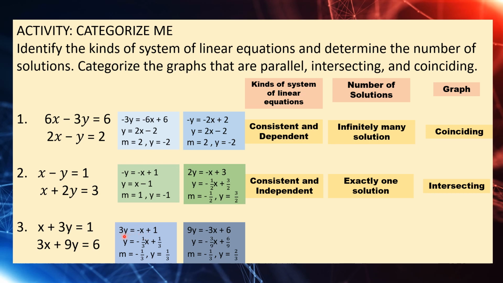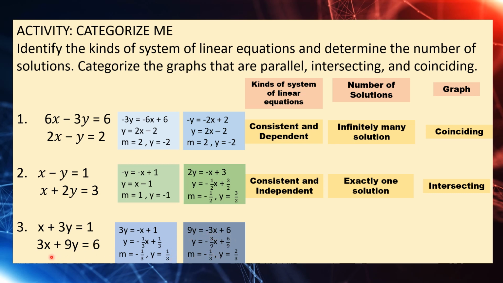So 3y divided by 3 is equal to y. Negative x divided by 3 is negative 1/3 x. Positive 1 divided by 3 is 1/3. Identifying the slope and y-intercept, we have now the slope is negative 1/3 and the y-intercept is positive 1/3.